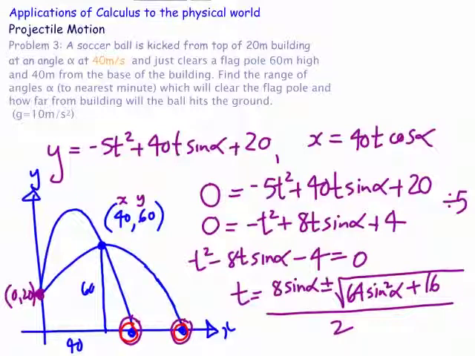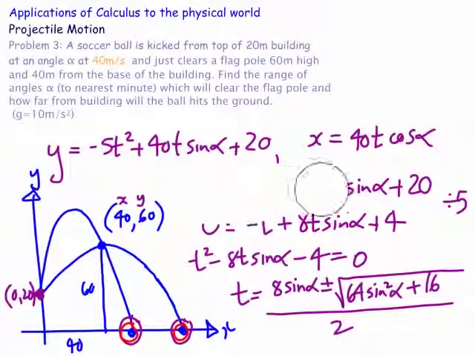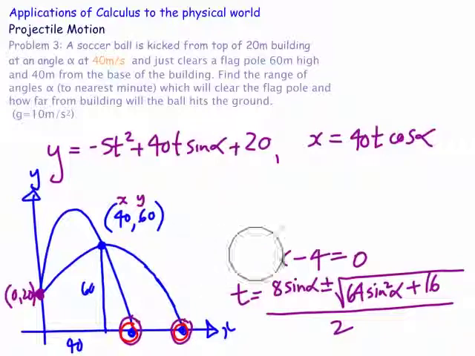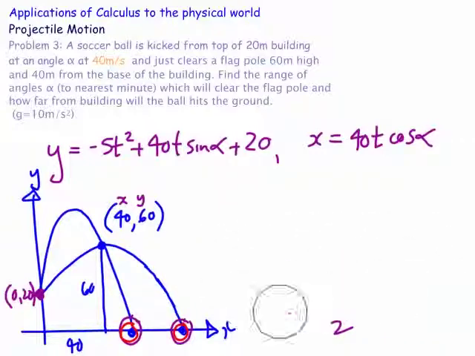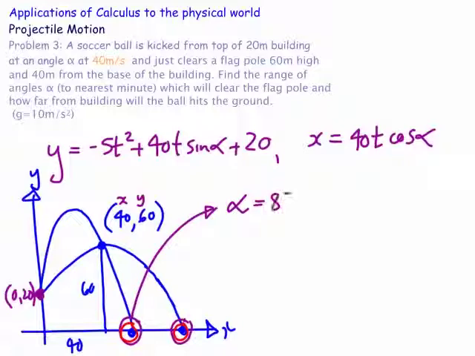I've done it on a calculator, and I'm going to use the exact values for the angles. So let's have a look. In this particular position, the angle alpha was 81 degrees 27 minutes.